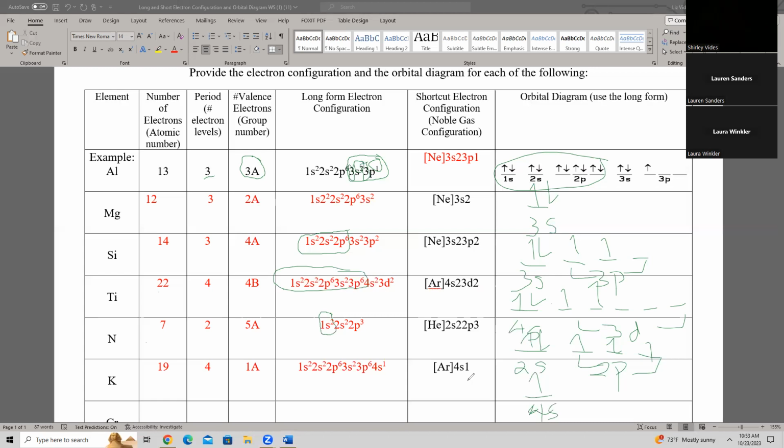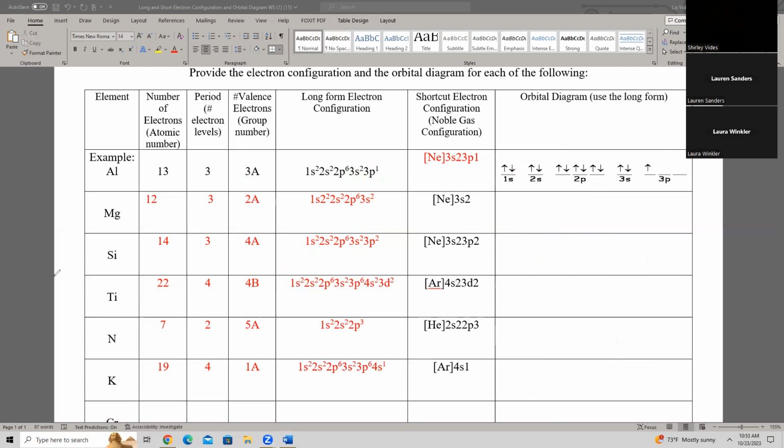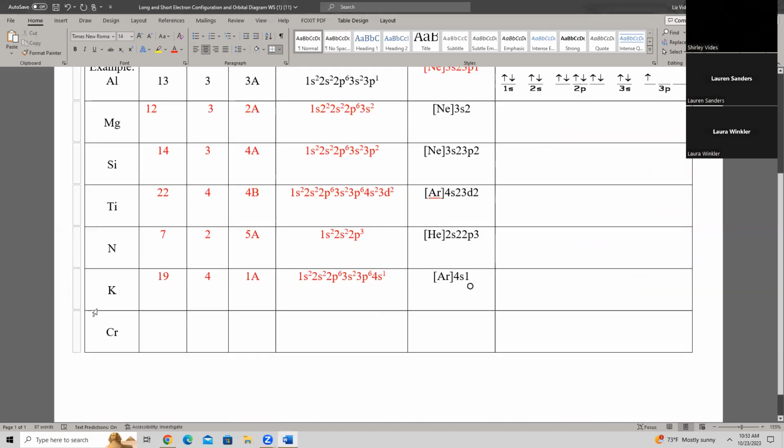Now we got one last one, and I'm going to have to clear everything here, all the drawings, so that I can actually get to it. All right, the last one we are doing is this one, copper. Remember, that's our exception. Oh, copper. I say chromium.